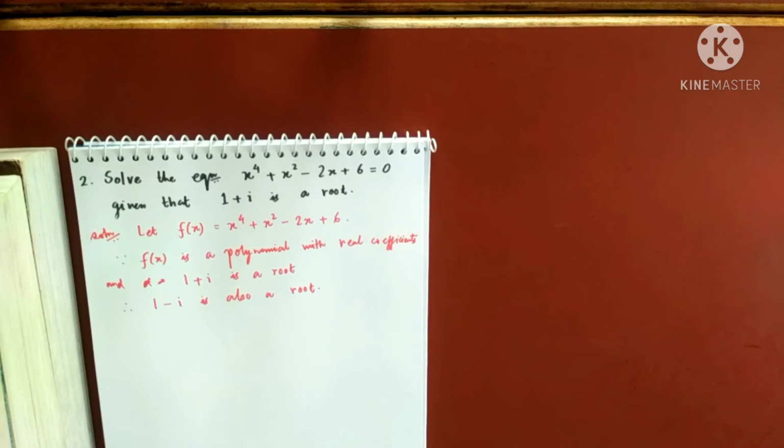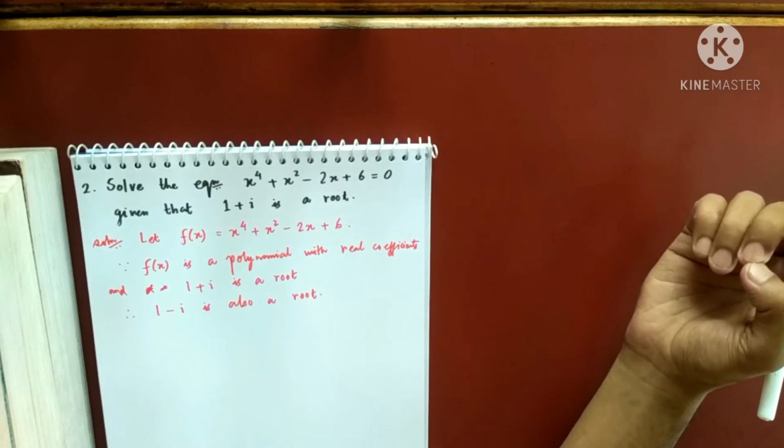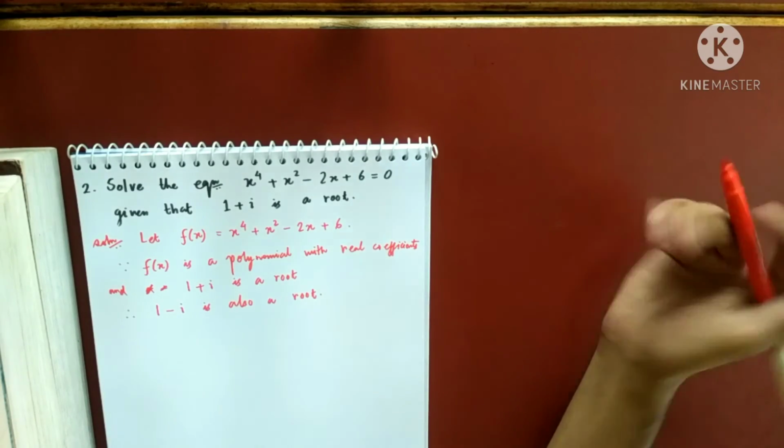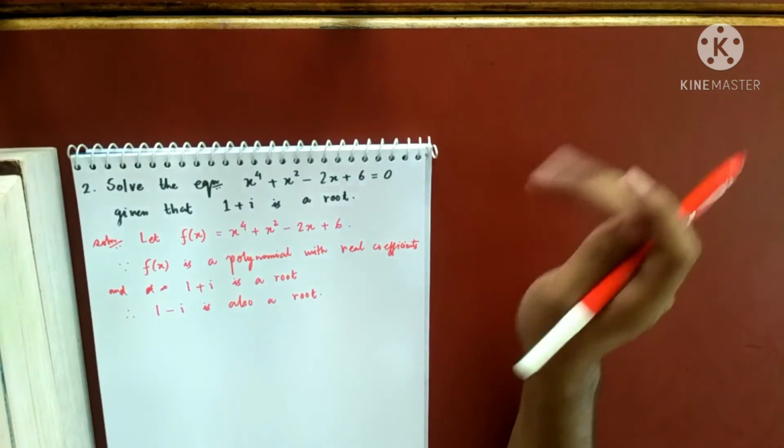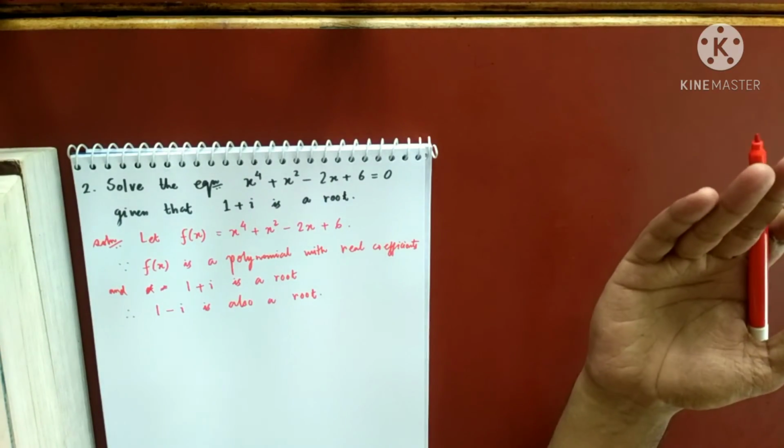Right? So I have already calculated 2 roots of this biquadratic equation. But mind it has exactly 4 roots, out of which I know 2 roots, 1 plus i and 1 minus i. I have to find the rest 2.